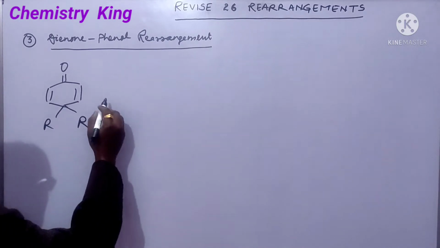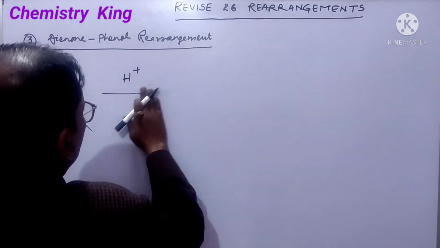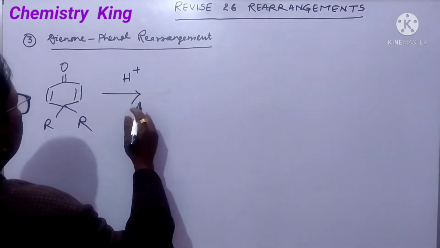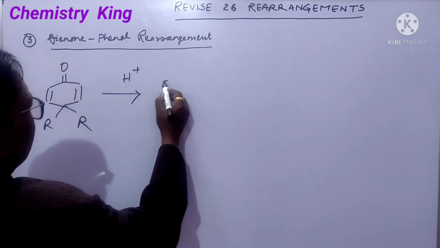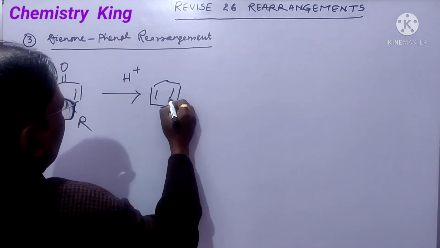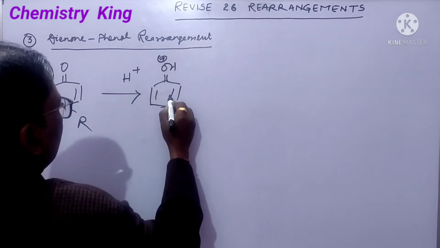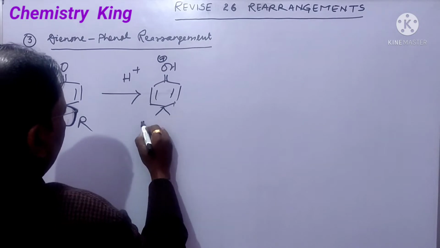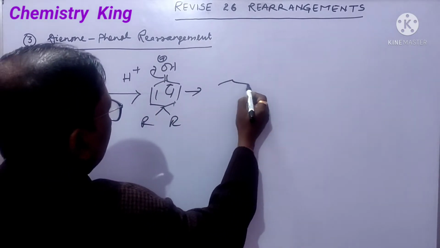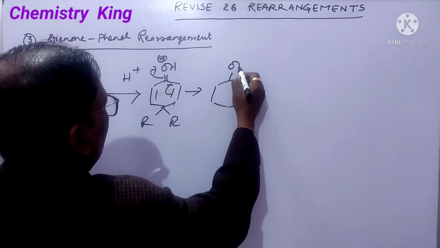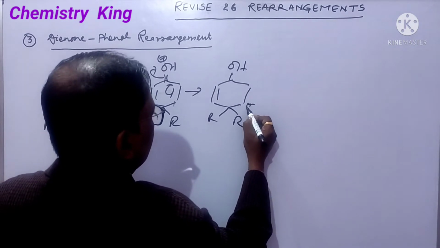R, R. When it is heated with H plus acid, H plus will come here and OH double bond OH plus. Now R, R will come here. It is OH, R, R, positive charge is here.